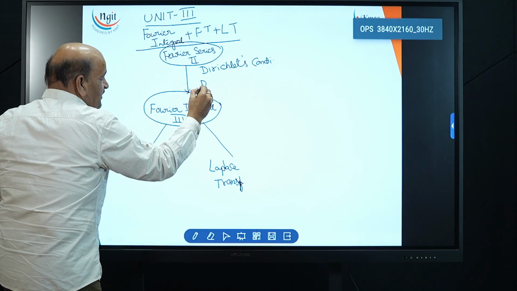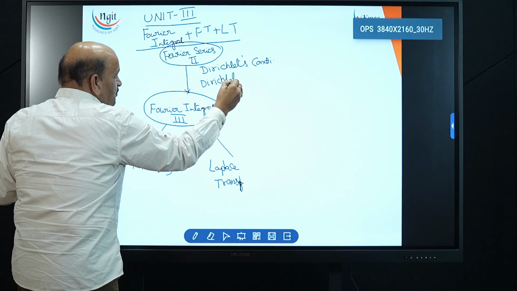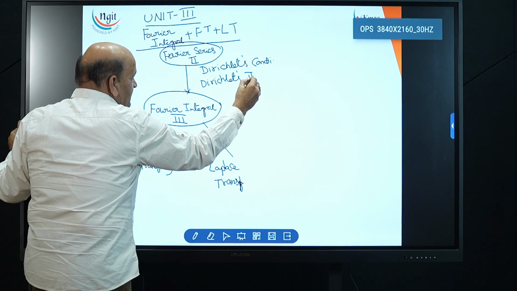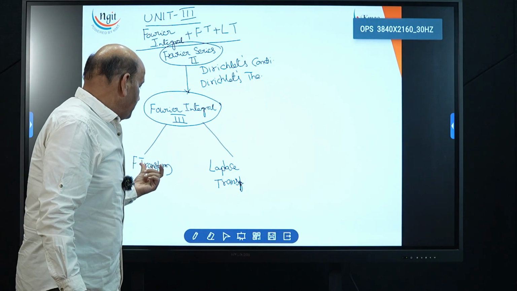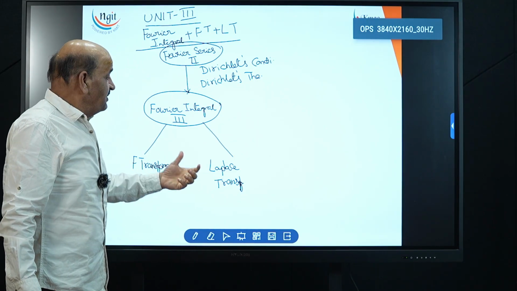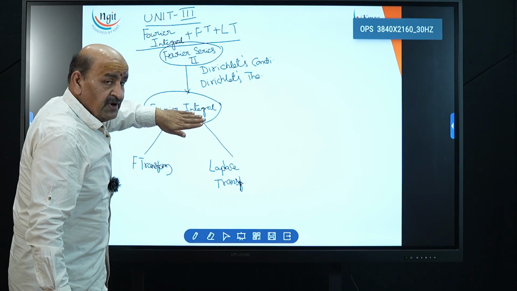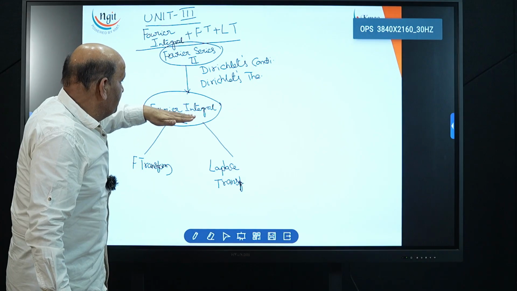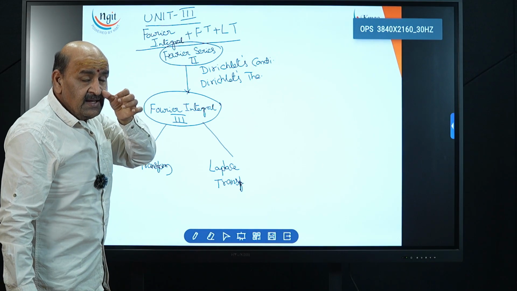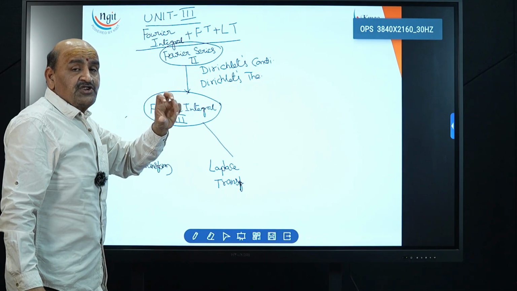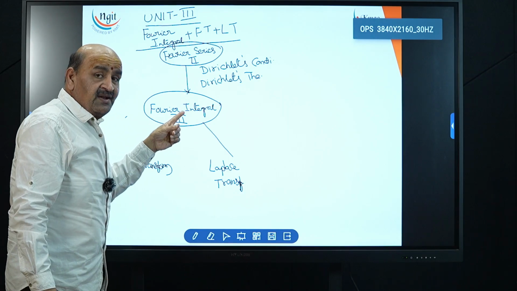After that, we discussed Dirichlet's theorem. Now just look at, for discussing Fourier transforms and Laplace transforms, the main node is Fourier integral. To discuss Fourier integral, the root node is Fourier series. That's why in the 2nd unit, the Fourier series chapter was given. After that only, we are going to study Fourier integral.